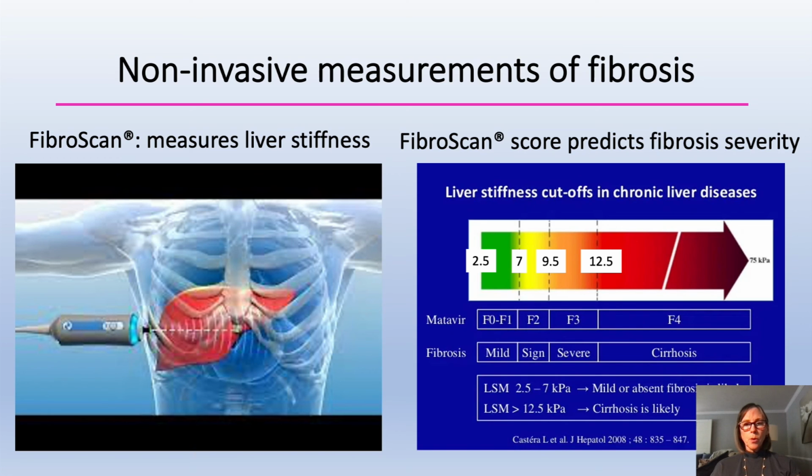FibroScan should not be performed in the first 6 months where a patient is newly diagnosed with autoimmune hepatitis, and that's because the inflammation in that liver associated with the autoimmune hepatitis can also elevate your fibrosis score. So you want to treat the patient, get them in remission within 6 months, and then a few months later, and definitely by 12 months, check your first FibroScan to get a baseline read.